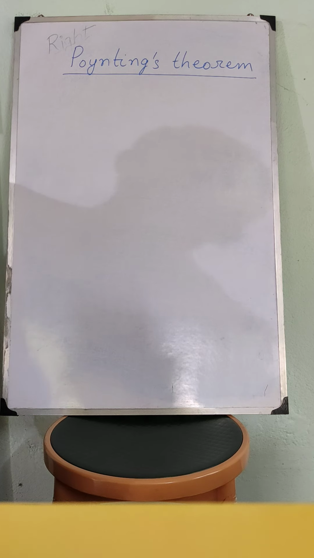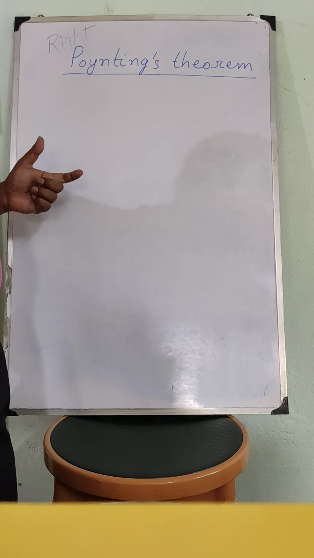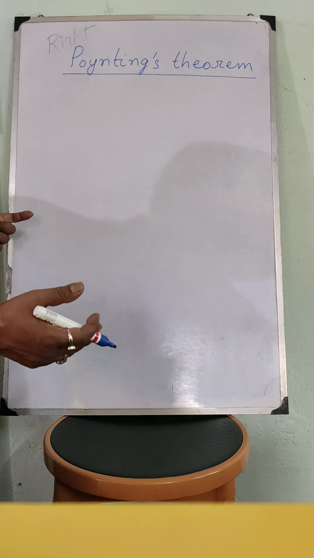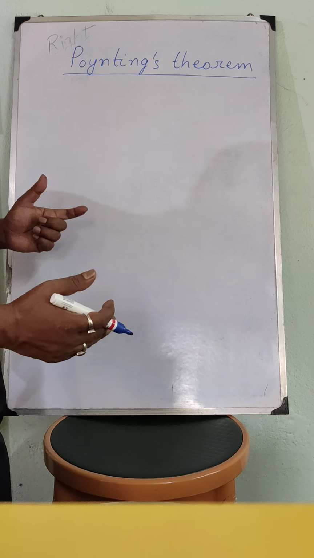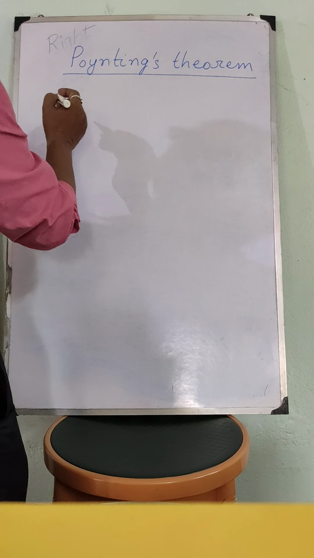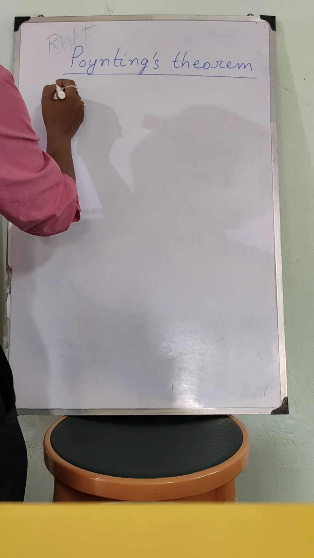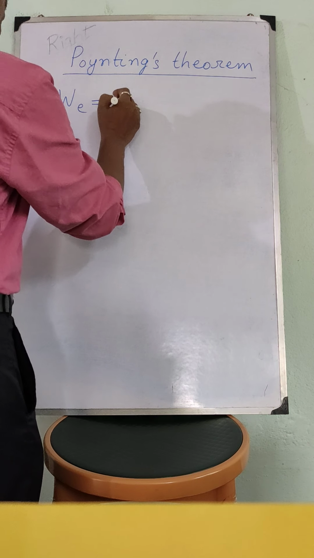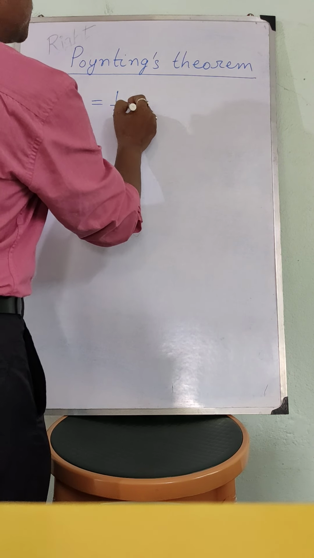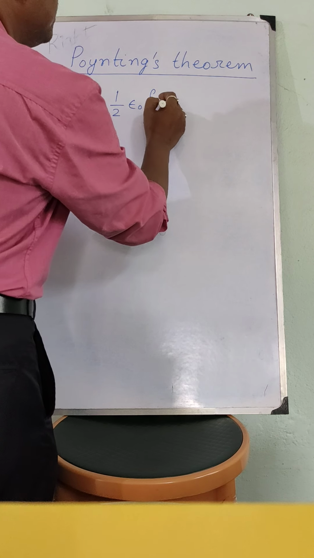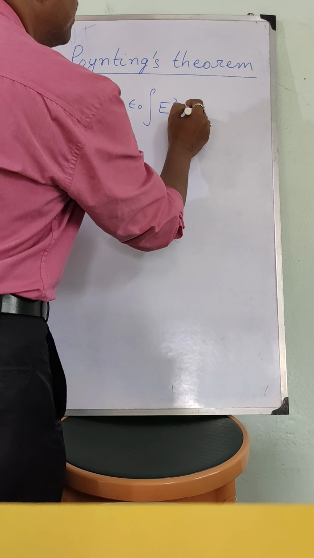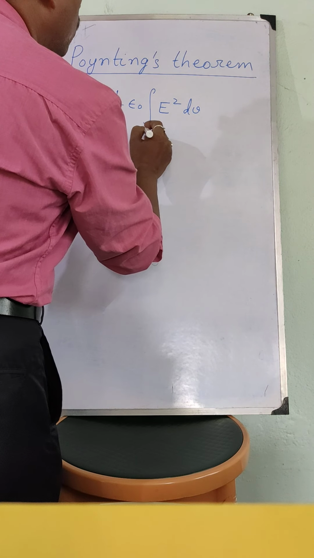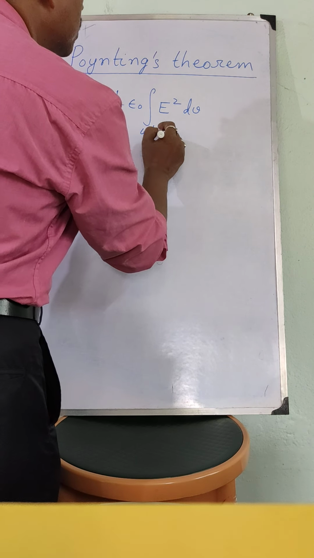Okay, now if we have a static distribution of charges, the work required to assemble a static distribution of charges is given as WE, that is equal to half of epsilon 0 integration E square dV over whole space.